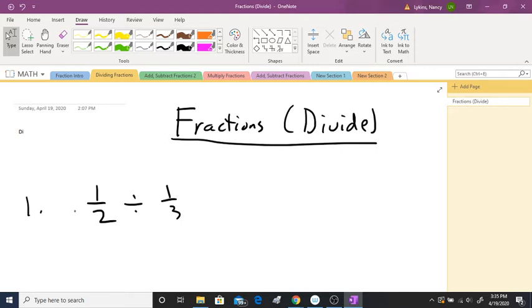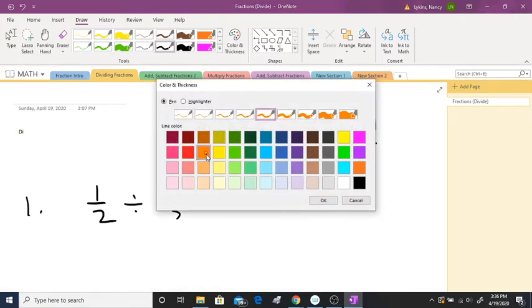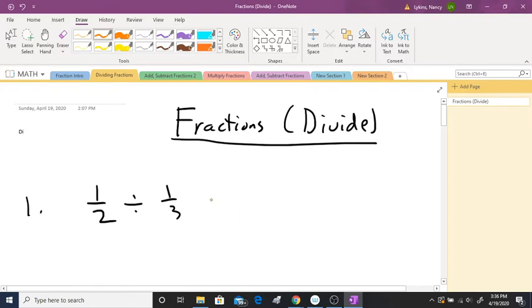Well, dividing fractions is basically the same approach as multiplication, except there's one step we're going to change. Now, let's look at the first one. It's 1/2 divided by 1/3. So what I'm going to do is show you this method.